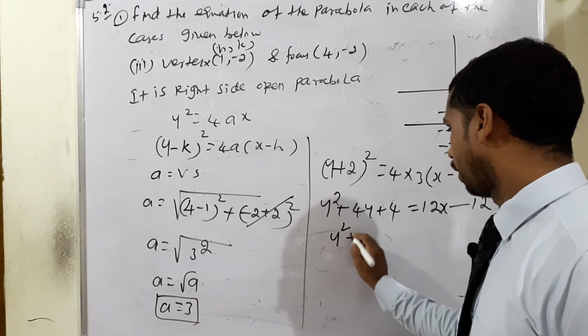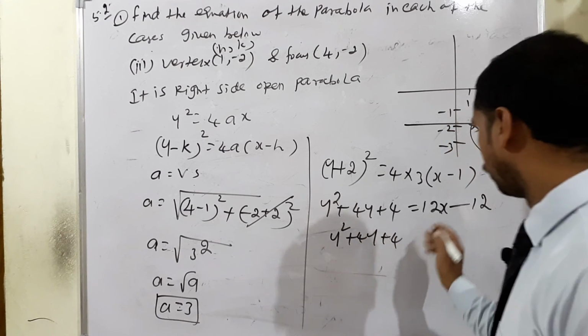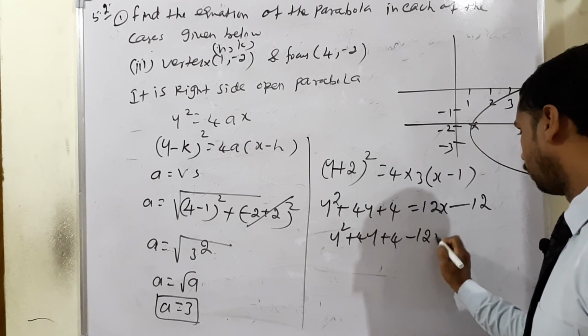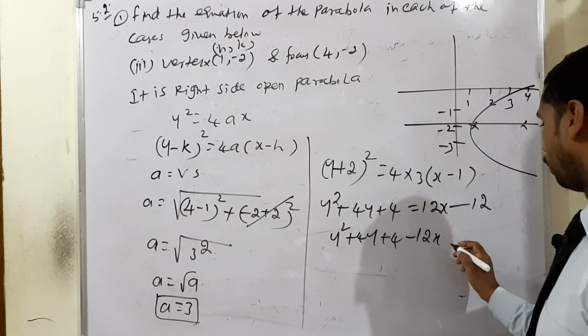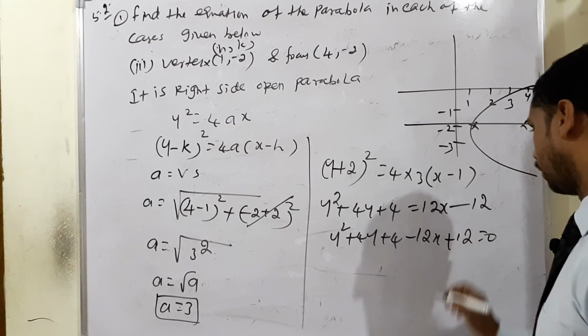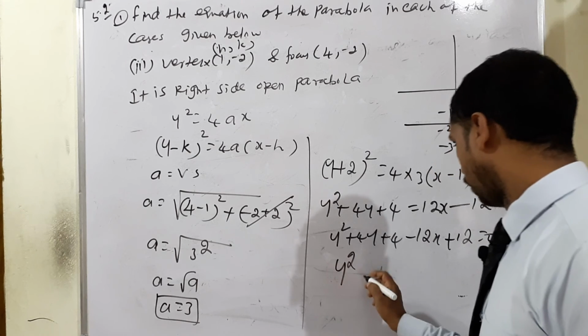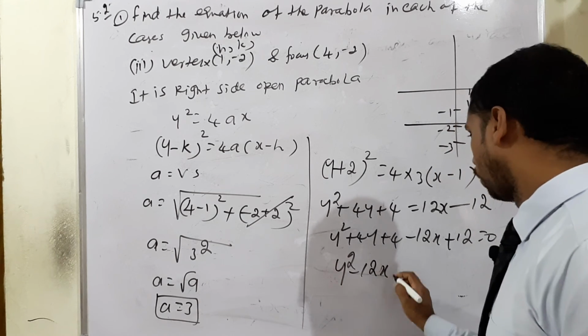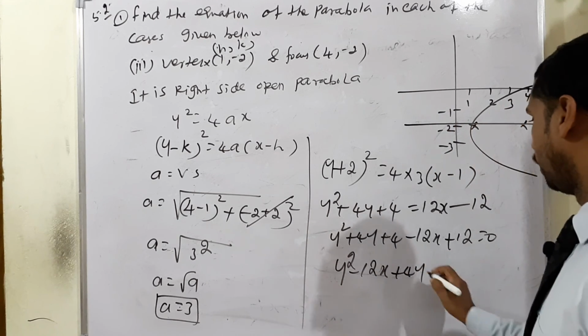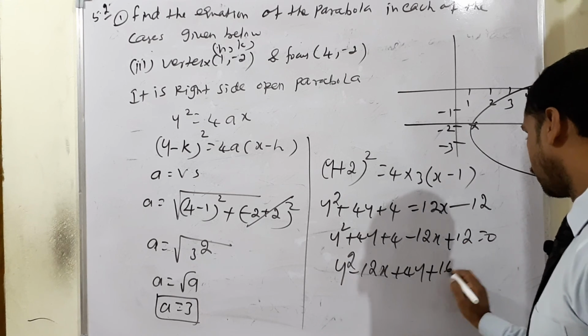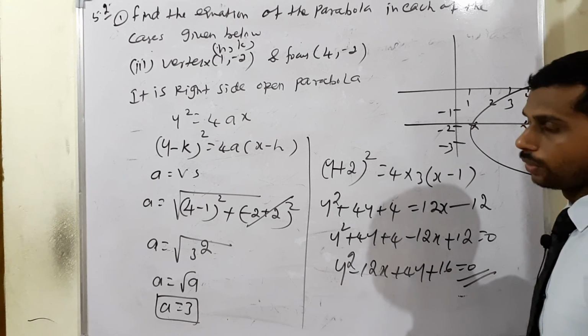Therefore y square plus 4y plus 4 plus, bringing to the opposite side, negative 12x, and negative 12 becomes positive 12, is equal to 0. Then order-wise, y square minus 12x plus 4y plus 16 is equal to 0. This is the answer for subdivision 3.